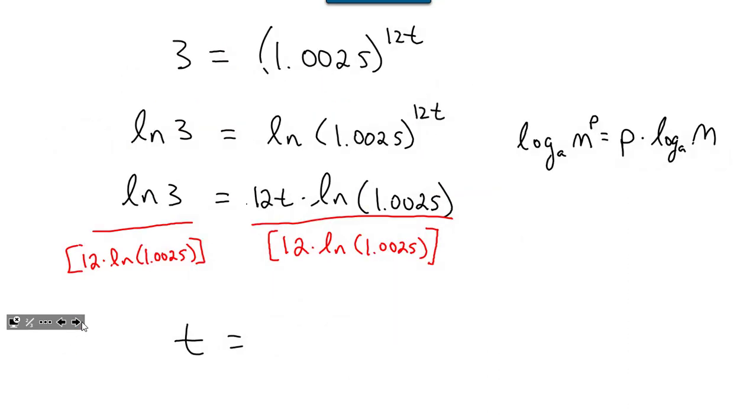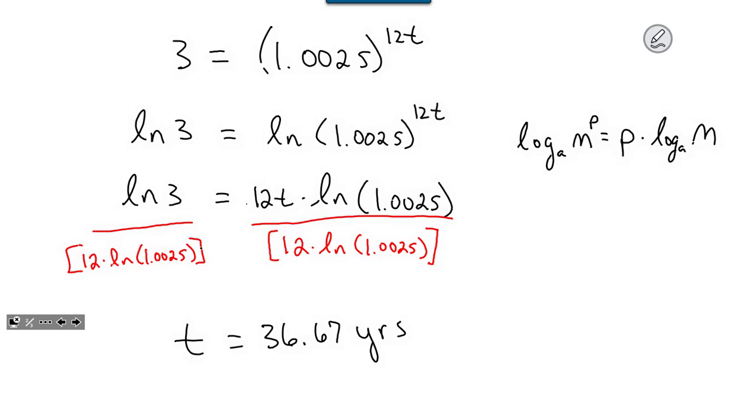So rounding to 2 decimal places, t is going to be equal to 36.67, and in the context of my problem, the time is represented by years. So it would take you almost 37 years. Again, round accordingly. In this situation, it asked me to round to 2 decimal places, so I rounded to 2 decimal places. So it would take me 36.67, which is almost 37 years, for me to triple the amount of money that I had in that account.